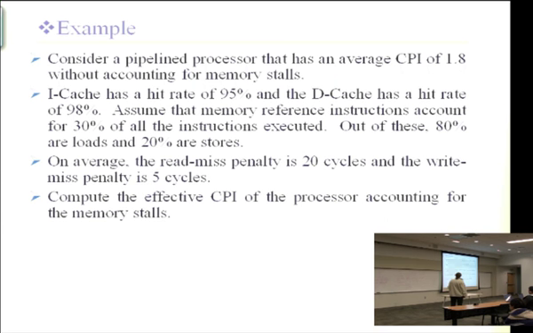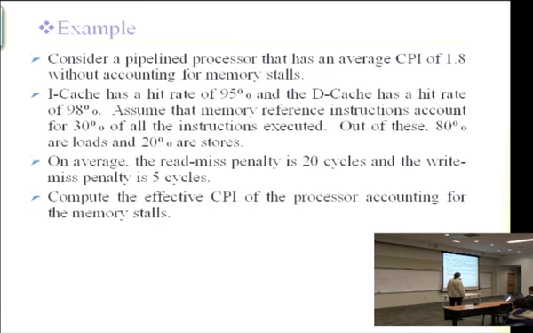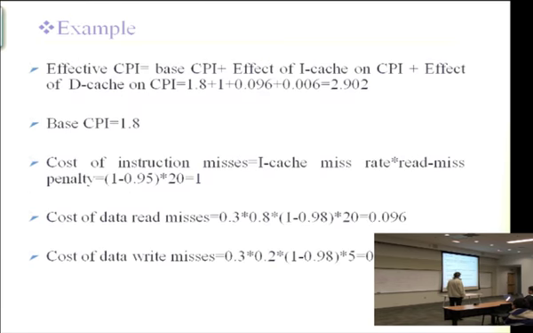And of those 30%, 80% are loads and 20% are stores. So for a read, we have 80%, 0.8. And then the miss rate is 1 minus 0.98, and the number of cycles as a penalty is 20. So we get this number. Any questions so far? Okay, let me kind of write it down.